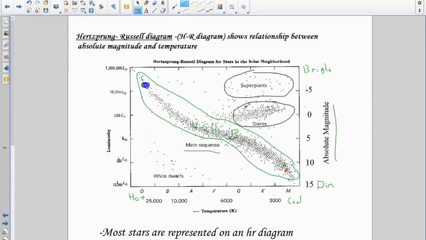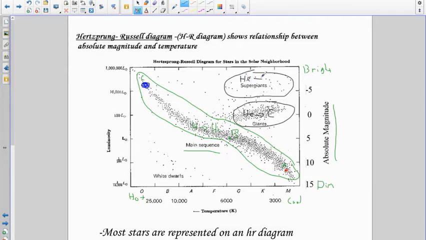They are now fusing beyond hydrogen. So giants fuse helium into carbon, whereas supergiants start fusing helium and then fuse beyond helium all the way up to iron.